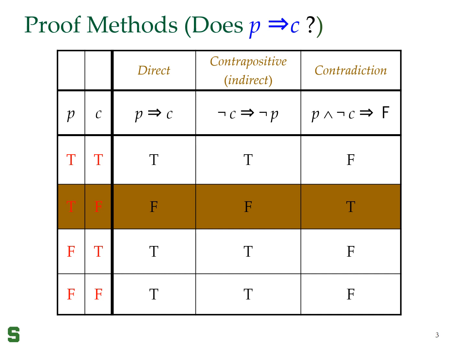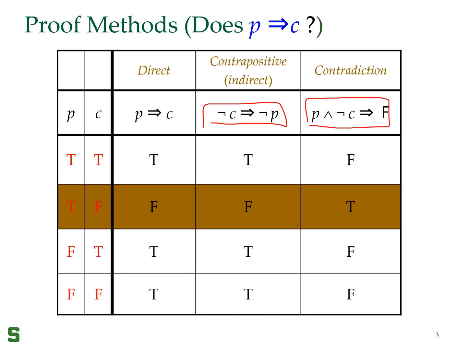So there are three different ways we can think of doing these proofs. One is a direct proof, where we start with P as our hypothesis and our goal is to reach the conclusion. The other is an indirect proof, where I change this to not C implies not P, or I can do it as a proof by contradiction.